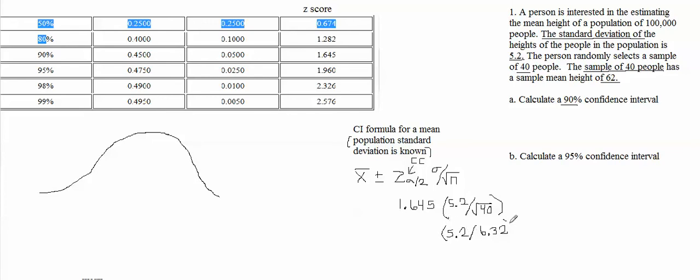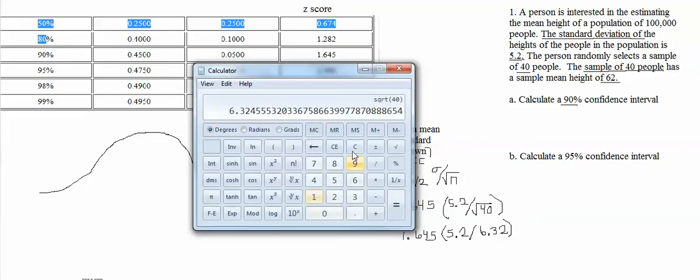That'll be our next step. The first step was the square root. The next step is dividing inside the parentheses. So let's divide right now. What's 5.2 divided by 6.32? Well, it's about 0.82.